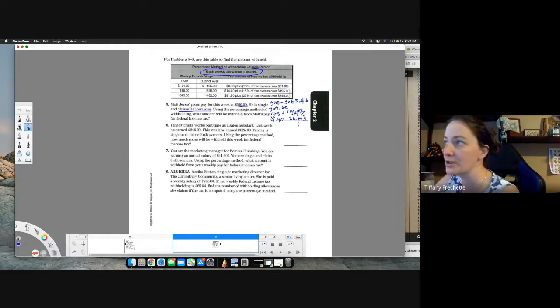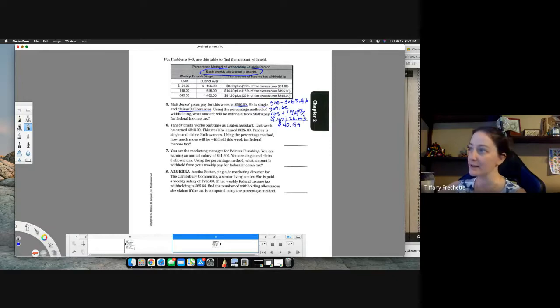You can always just round it to $26.19. And I need to add those two together. And that's going to tell me how much Matt is paying total. Sorry, not me. I always say me. So he's going to pay $40.59 each week in federal income taxes based on this chart.